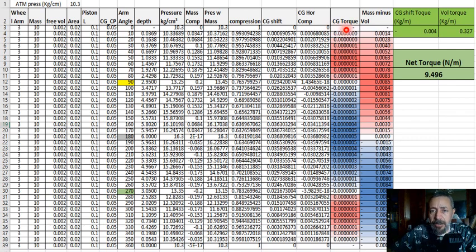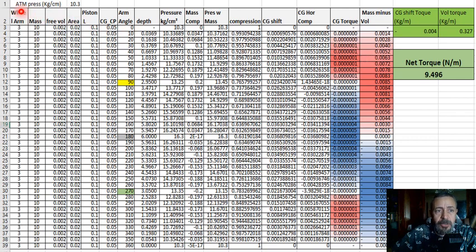I have here the CG torque. This is the torque that I just showed you, resulting from the shift between the center of gravity and the center of buoyancy. I don't want to say it's insignificant, but as you see, it's almost insignificant. And the mass minus volume torque comes from the difference between the mass and the volume for each cylinder.